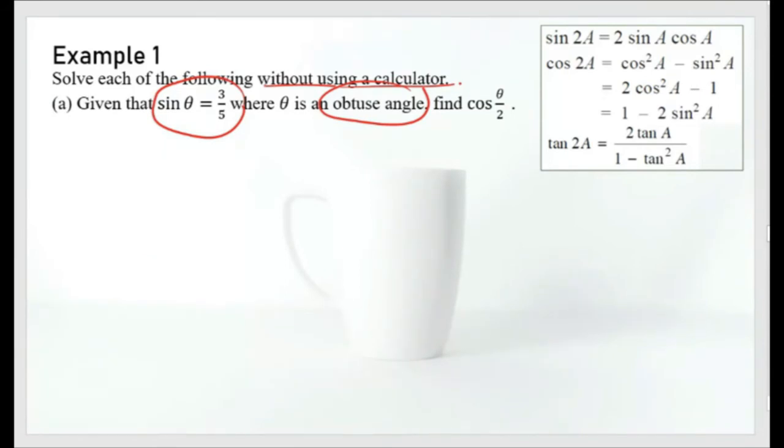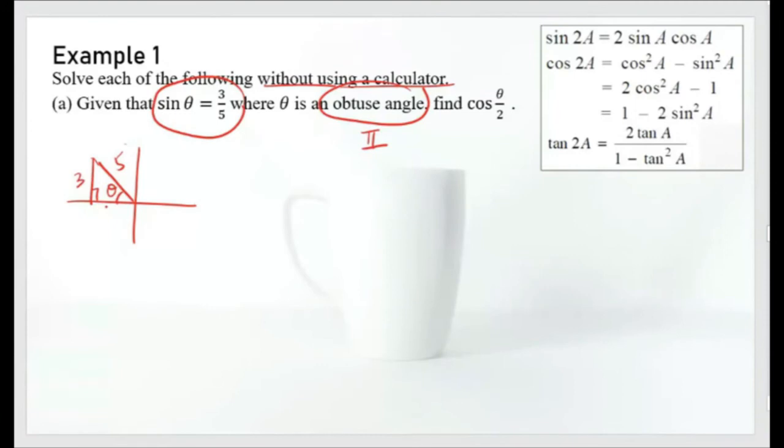So what you need to do is make it into a right angle triangle in the particular quadrant. Is this in quadrant 1, 2, 3 or 4? Obtuse is quadrant 2, so the triangle will be in the second quadrant. Sine theta equals 3/5, so the opposite is 3 and the hypotenuse is 5.